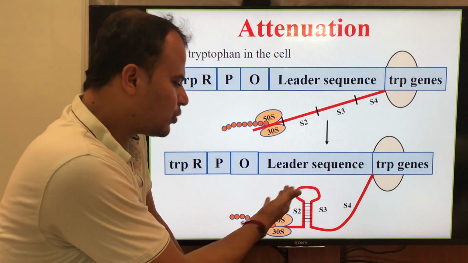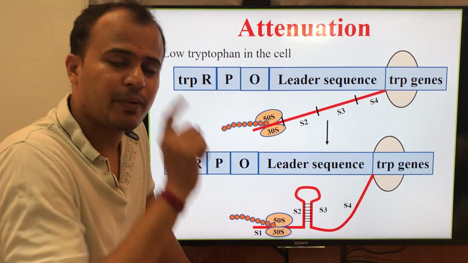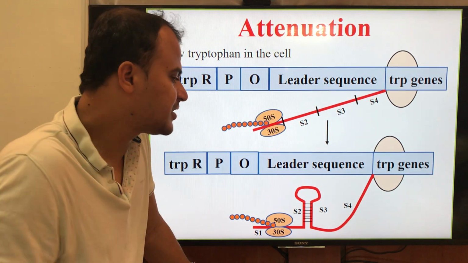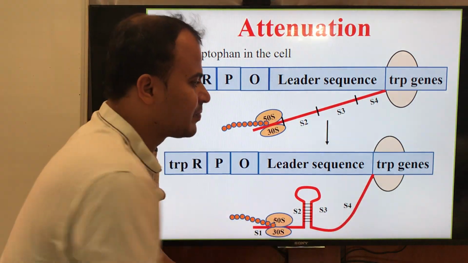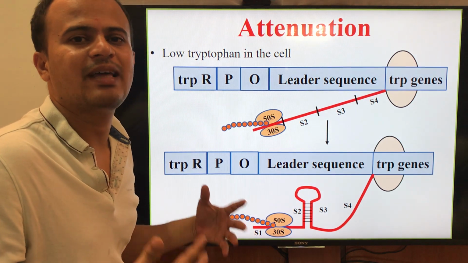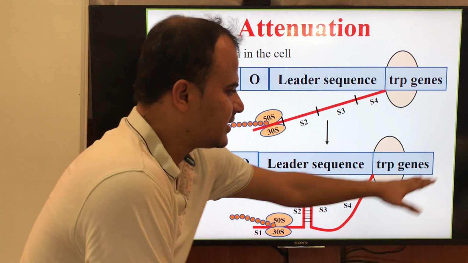Therefore, the formation of the stem loop structure between S2 and S3 prevents the formation of the stem loop structure between S3 and S4, which results in the promotion of the transcription in such a way that the TRP ABCDE genes are efficiently recognized by the RNA polymerase to continue to transcribe these genes.